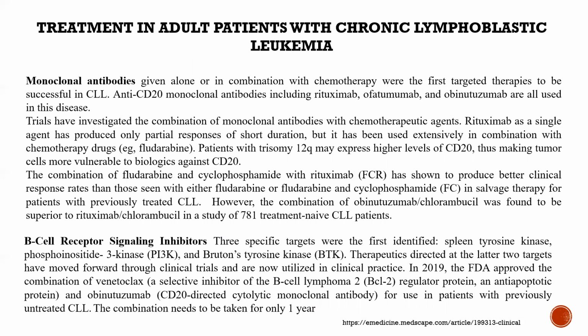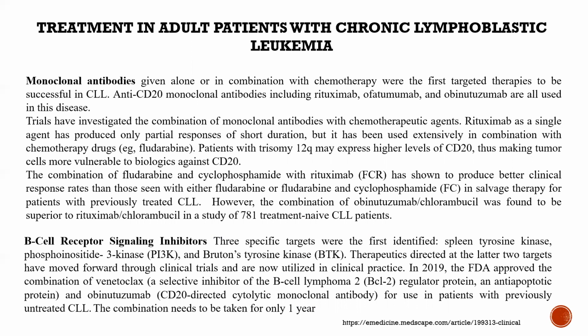Three specific targets were the first identified: spleen tyrosine kinase, phosphoinositide 3-kinase, and Bruton tyrosine kinase, and therapies directed at the latter two targets have moved forward through clinical trials and are now utilized in clinical practice.